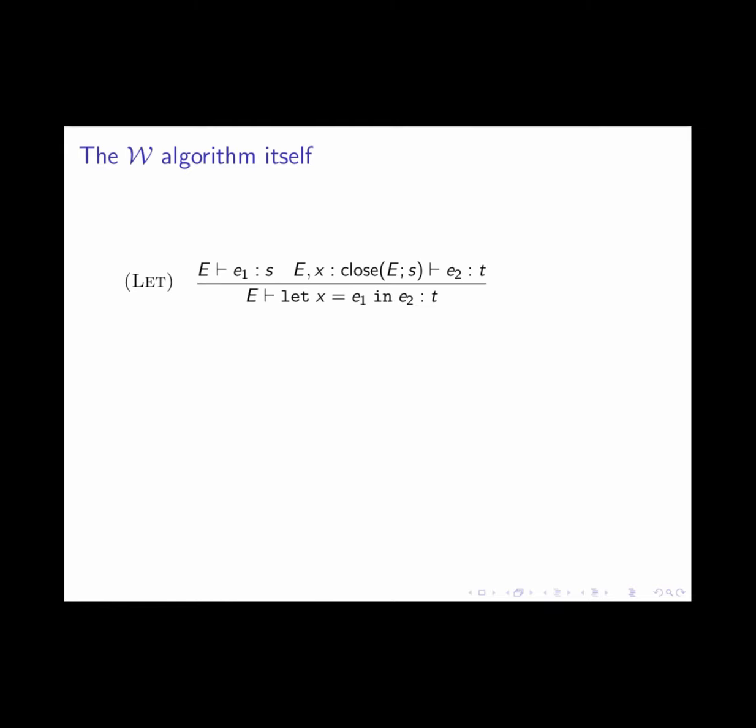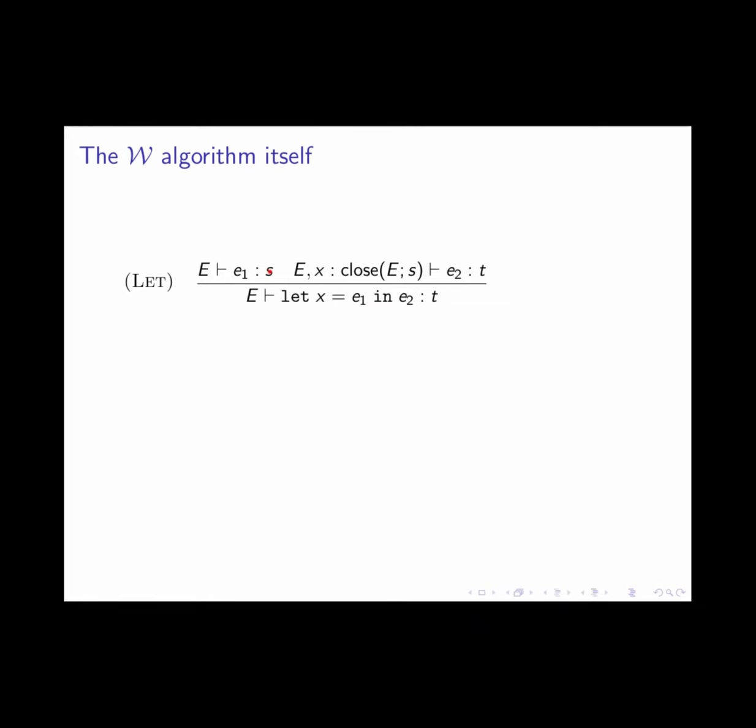Now the Hindley-Milner-Damas type system is a polymorphic type system, and in this particular rule, polymorphism becomes very visible. If we want to check that a let expression has type T, what must we do? Well, firstly, we must find the type of the local definition E1.